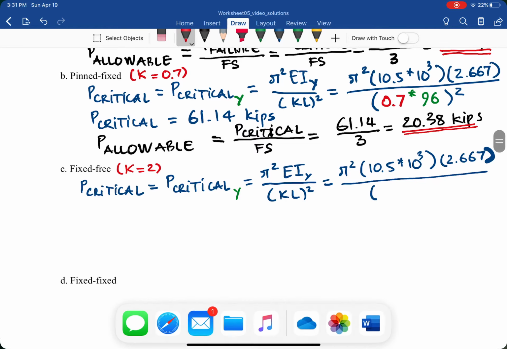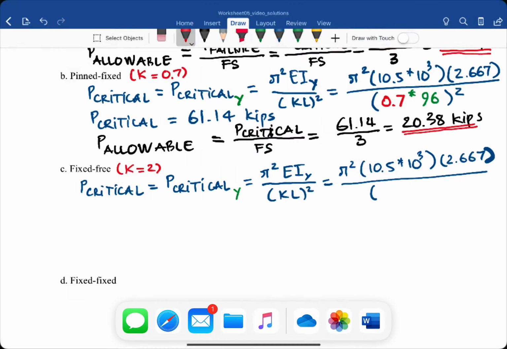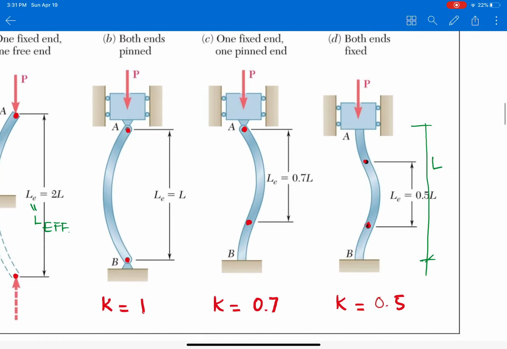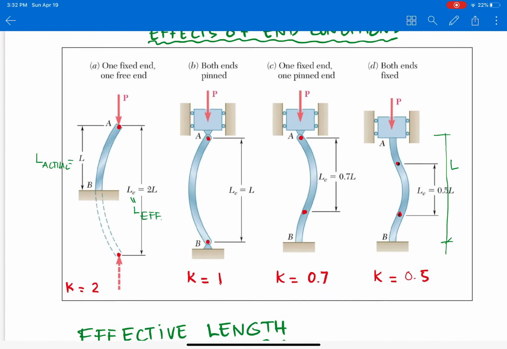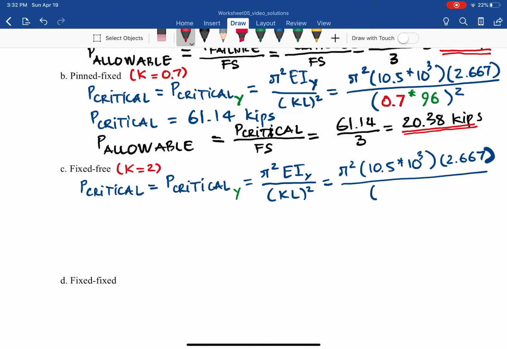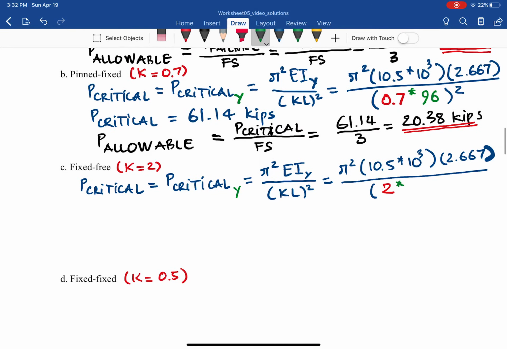And let's go back to here to finish with the scenario with fixed at both ends, K equals 0.5. With this scenario D, we can go back here to write down. Now, fixed, K equals 0.5. So from that, continue, it equals 2 times 96 squared.